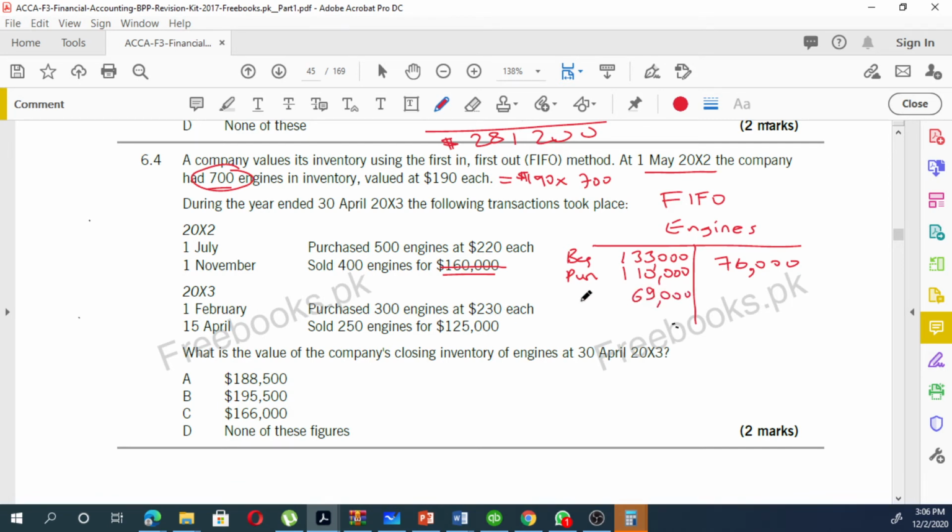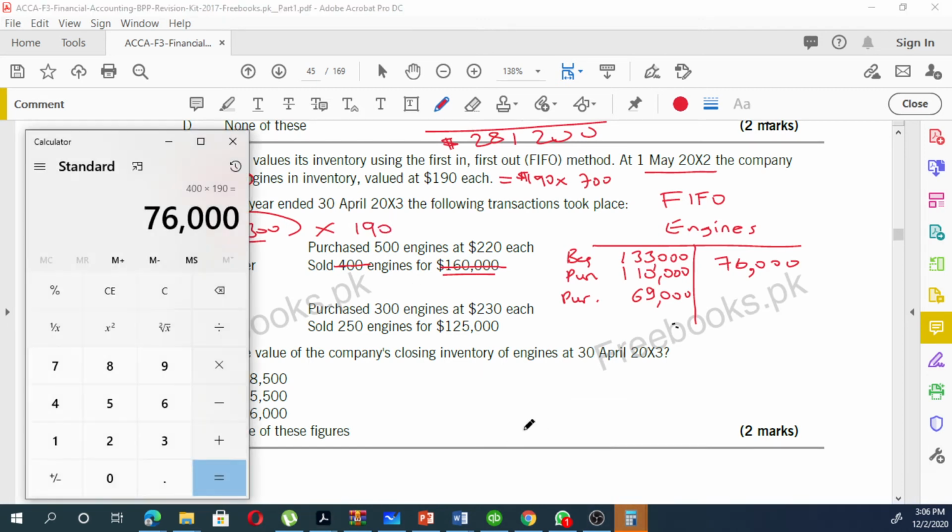We purchase again. Then we sold 250 engines for $225. So 400 items were sold in the first sale, right? Then 300 items were left from the opening inventory. So that's enough at $190.